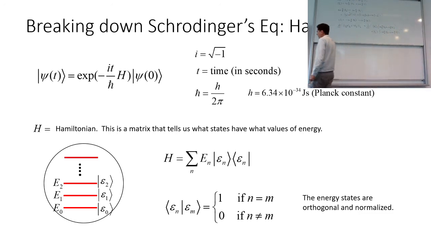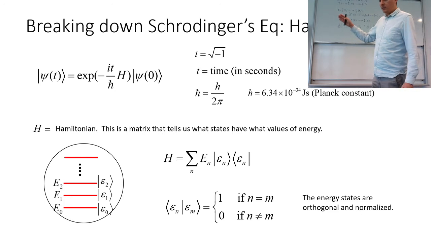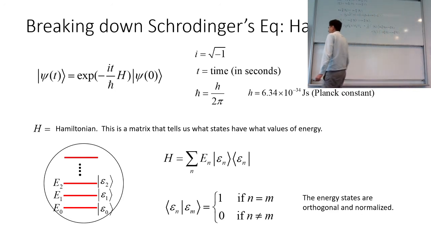The Hamiltonian is pretty simple. It's basically a matrix which has a particular set of energy states. There are some particular states that have a particular energy.